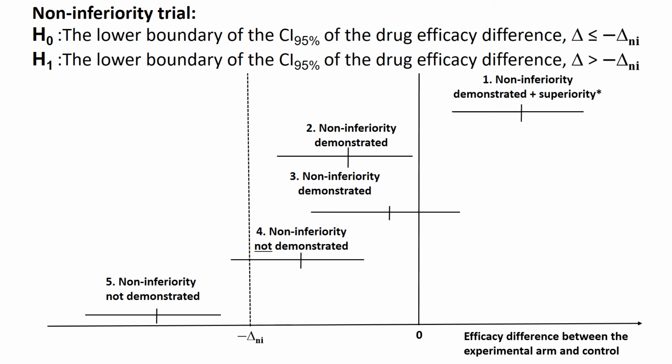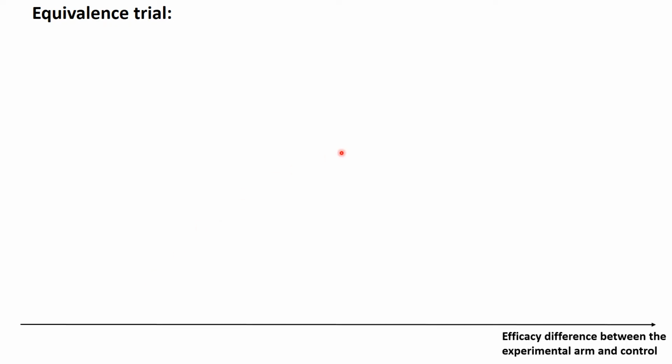After applauding yourself, let's move now to equivalence clinical trial. So let's assume, as usual, the horizontal axis represents the difference in efficacy between the experimental arm and the control arm.